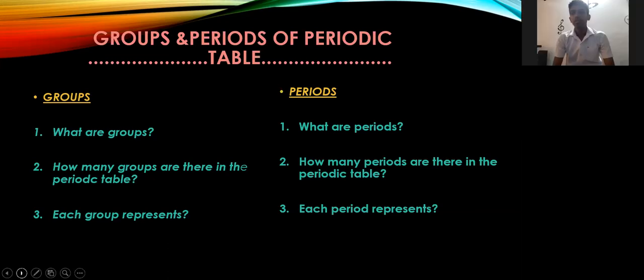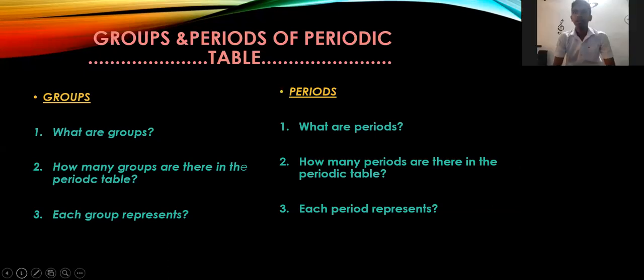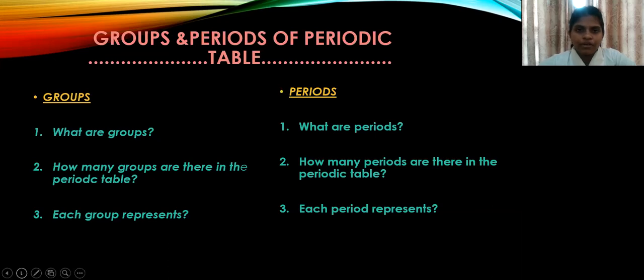Okay, then what are periods? Basically, we have 7 periods in the modern periodic table, and periods are the horizontal rows. Also, each period represents the number of energy levels present in an atom of an element. Okay, that's a summary of the periodic table.